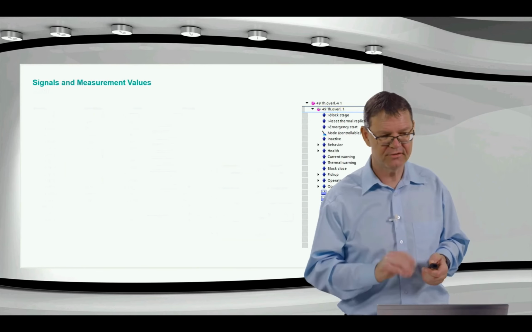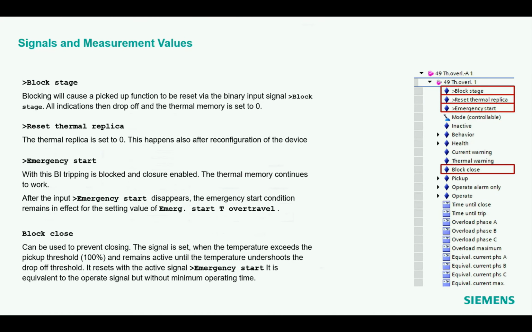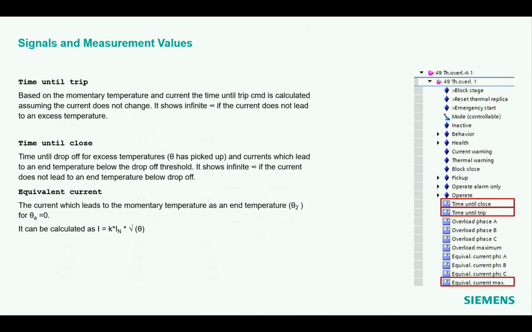Okay, here's a list of signals and measured values. I just put it here for the time being, a small documentation of the most important signals and also the most important measurement values which we have in our system. Time until trip, time until close, and the equivalent current, basically.